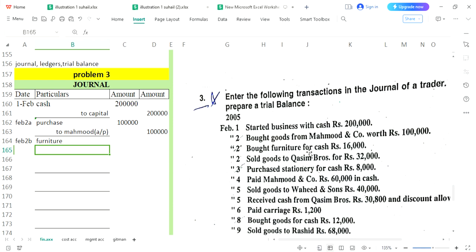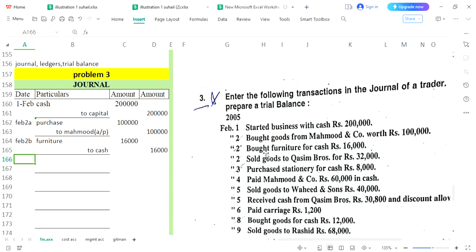Cash in hand is your asset. Asset is decreasing. A decrease in asset should be credited. So here we will mention cash, as cash is decreasing. Entry completed. Now let's see what was the amount for furniture. This is 16,000. So put 16,000 on the debit side and the same amount we are supposed to write on the credit side as well. Entry is completed.